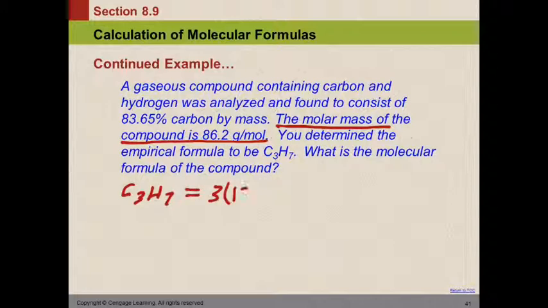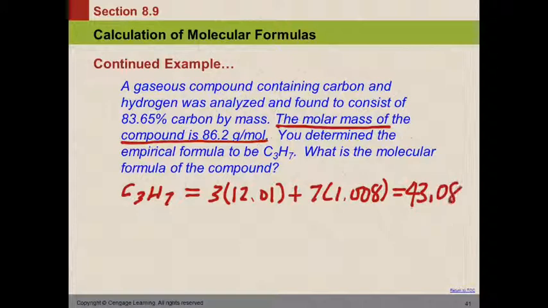So 3 times 12.01 plus 7 times 1.008 equals 43.086.